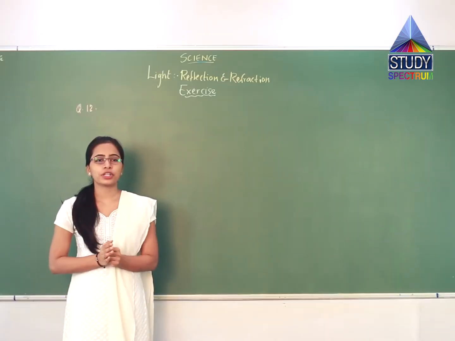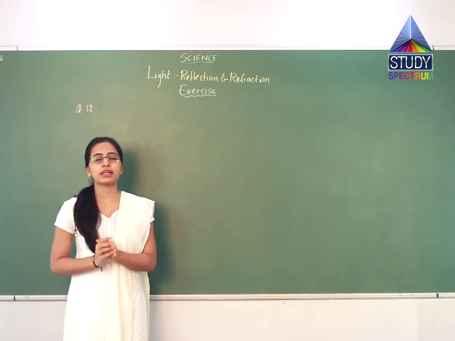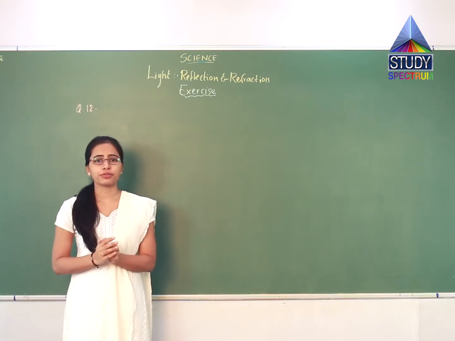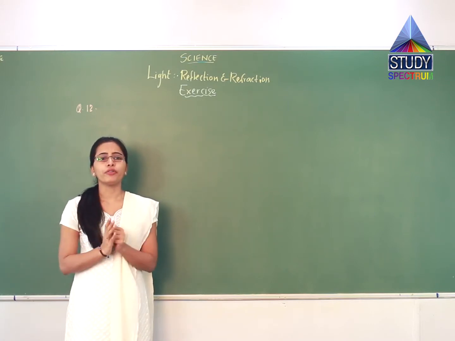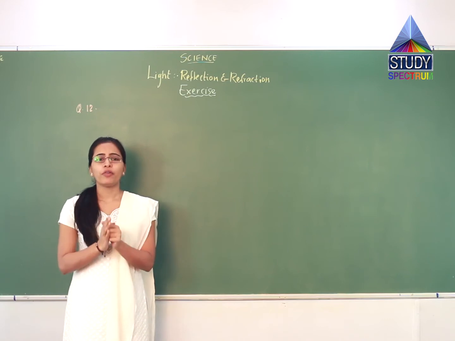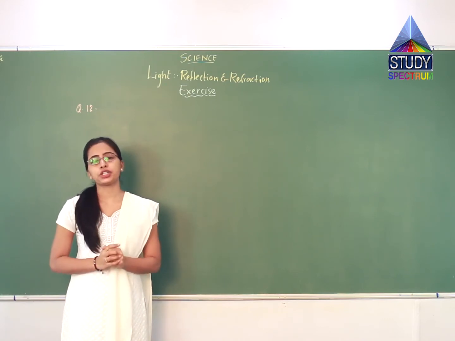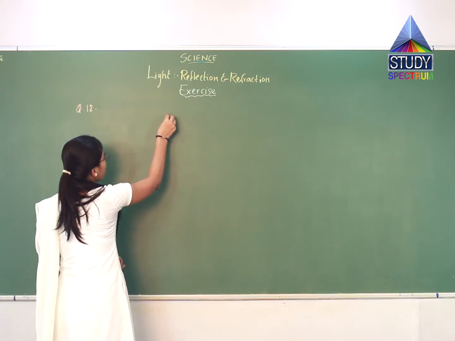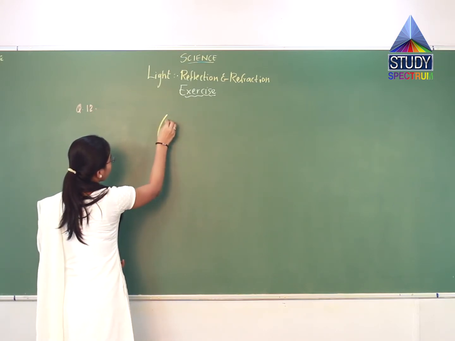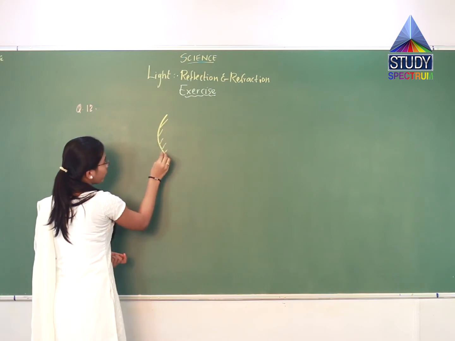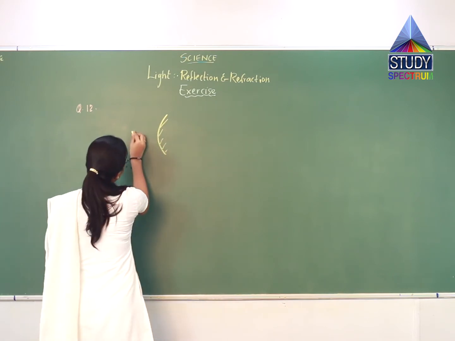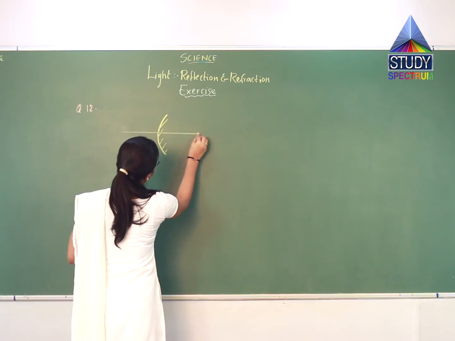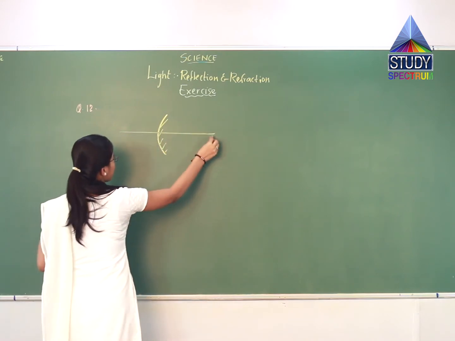Next is 12th question. An object is placed at a distance of 10 centimeter from a convex mirror of focal length 15 centimeter. Find position and nature of the image. So we have a convex mirror. Suppose this is the principal axis.